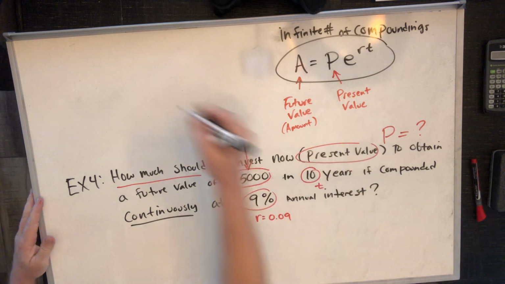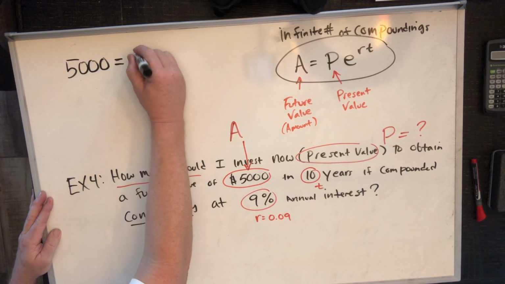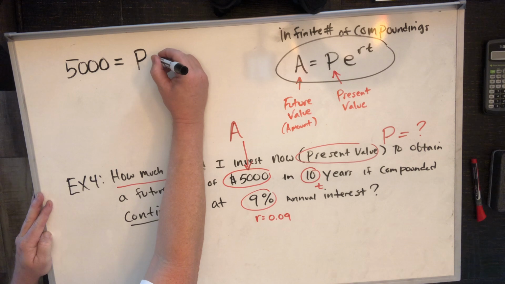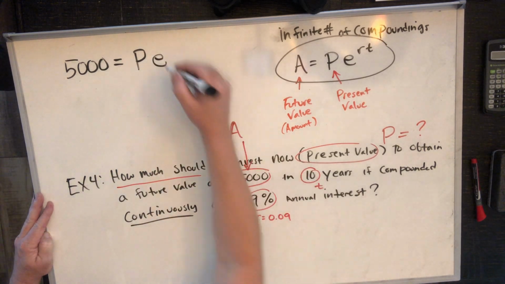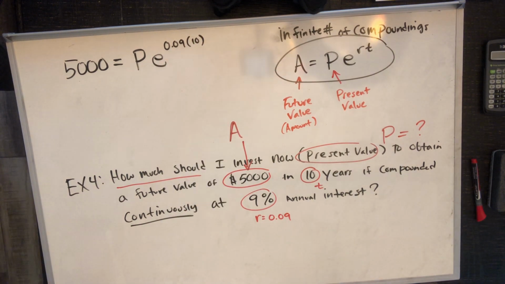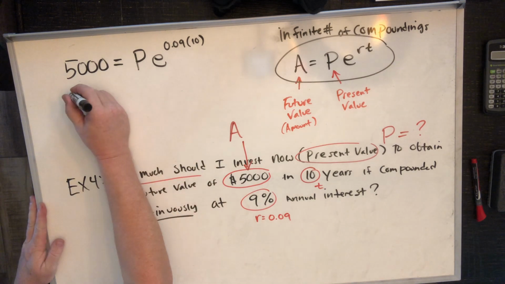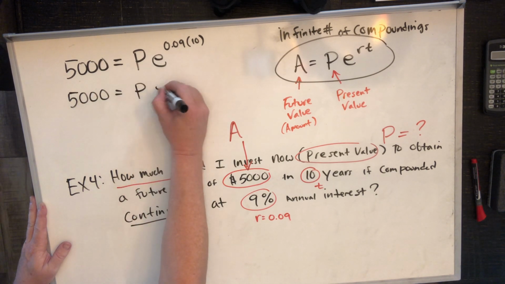So now our formula looks like this. 5,000 equals P times e raised to the 0.09 times 10. Well, this is a one-step problem.